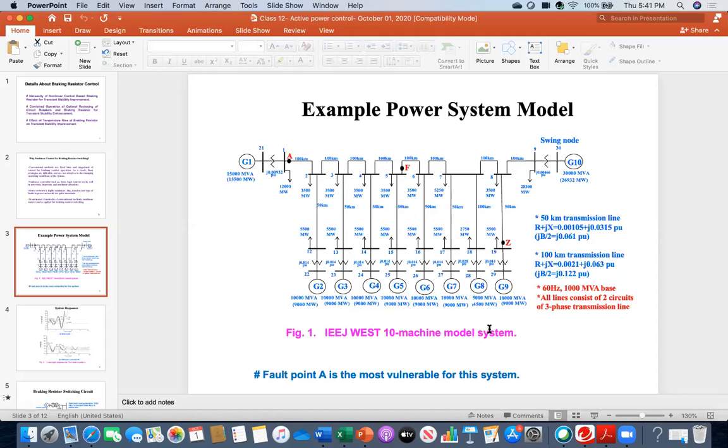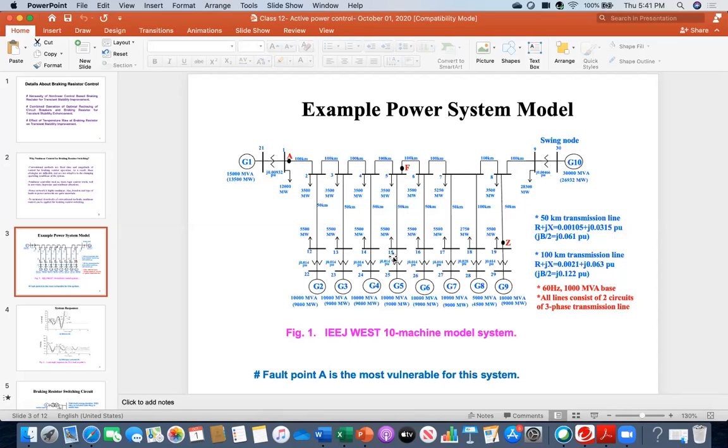Now here is the thing: there are 10 generators, therefore it makes sense to put 10 braking resistors, one at each terminal. For example, one braking resistor here, another here, another here, 10 braking resistors. But for economy purposes, it may not be wise to place braking resistors across all 10 generators.